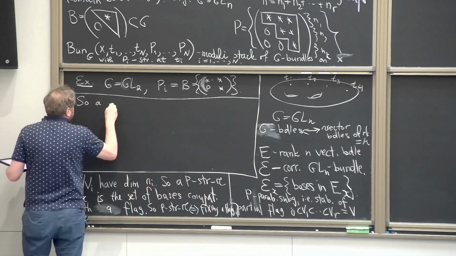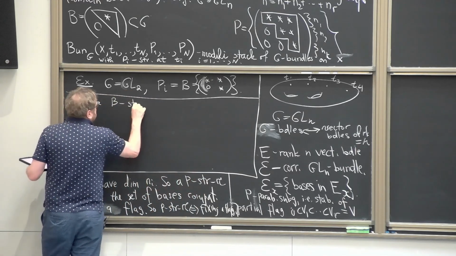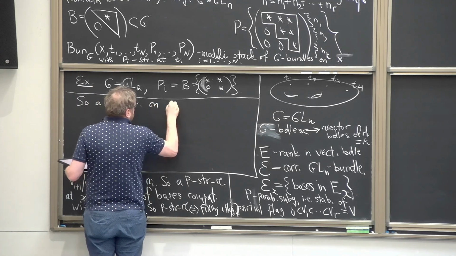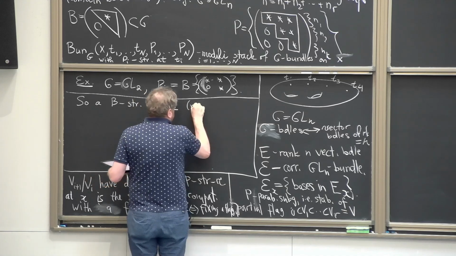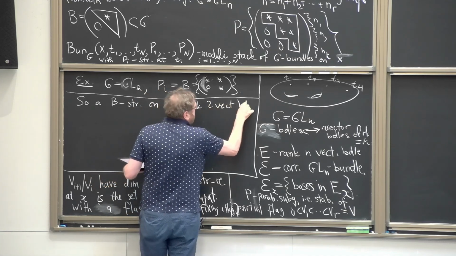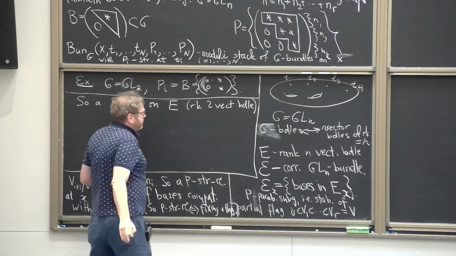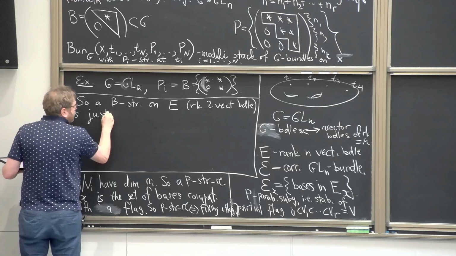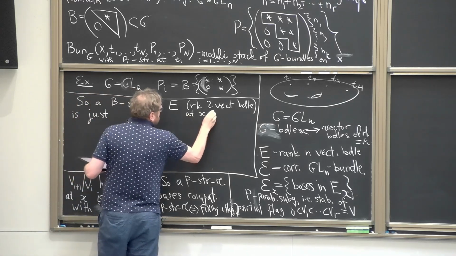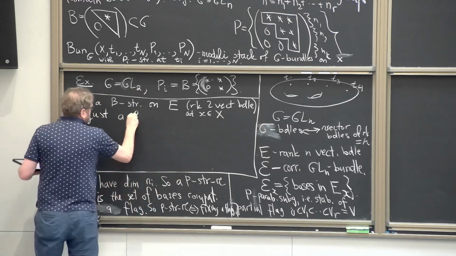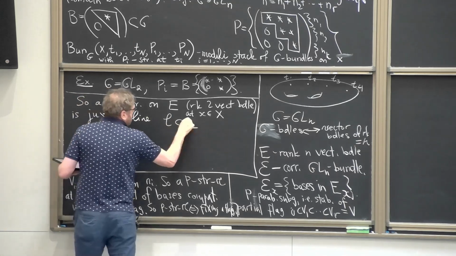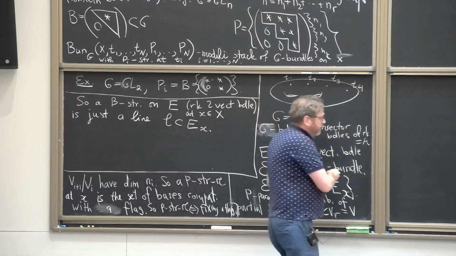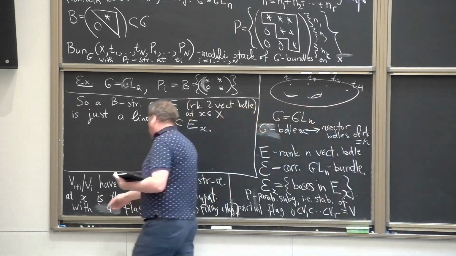So a B structure on some rank 2 vector bundle E, let's talk about vector bundles, it's technically a bit easier, at a point x is just a line L inside E_x.